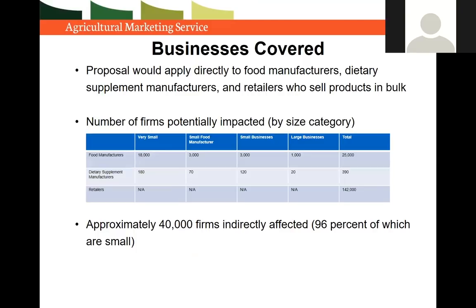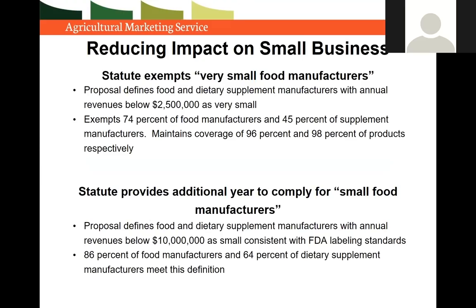While we do not attempt to estimate the level of these costs, we assume they are included in the cost to manufacturers. We do know that there are approximately 40,000 firms in these indirectly affected industry sectors, and that roughly 96% of them meet the SBA definition of small.